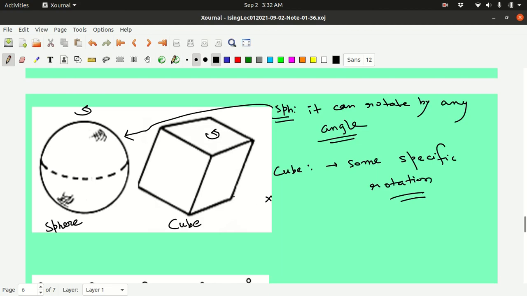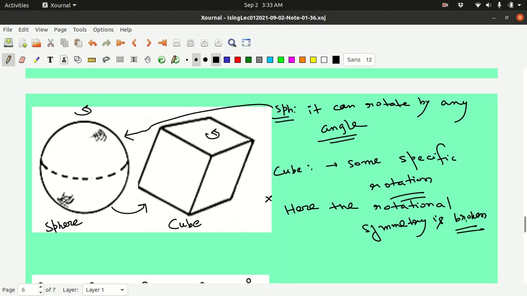So which symmetry is broken going from this to this? The rotational symmetry is broken. That's why it is called broken symmetry. So going from sphere to cube, we have broken the rotational symmetry.